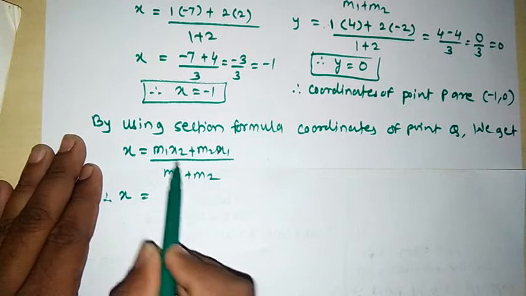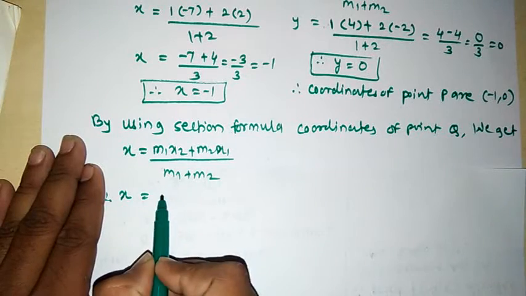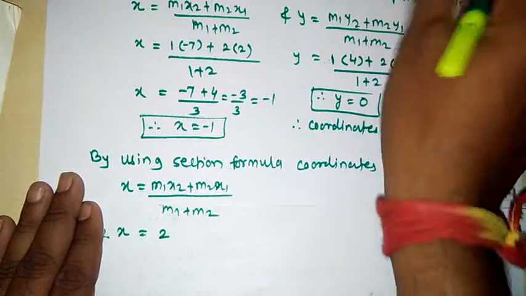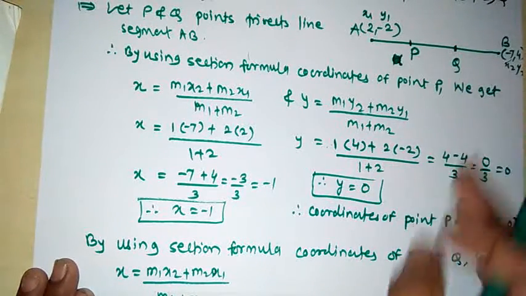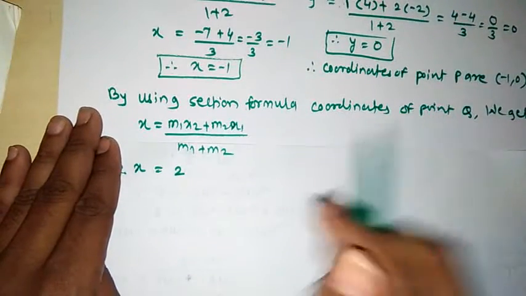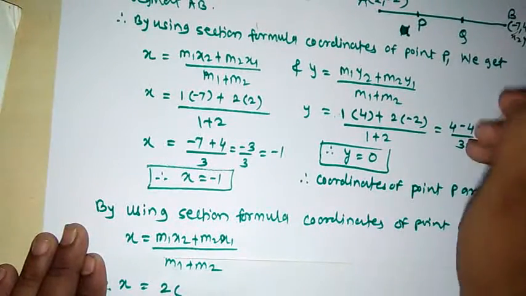Therefore, X is equal to, what is the value of M1? M1, we know that M1 is 2, because before the point Q, how many units are there? Before the point Q, there are 2 units, and after the point Q, there is a single unit. Therefore, M1 will become 2 into X2. What is the value of X2? Also check here, what is the value of X2?